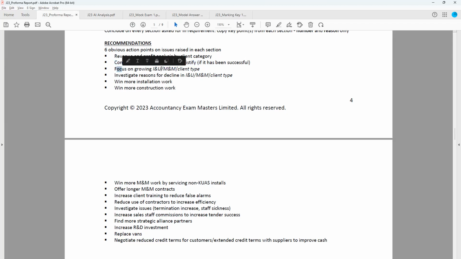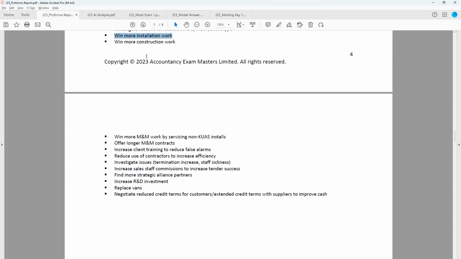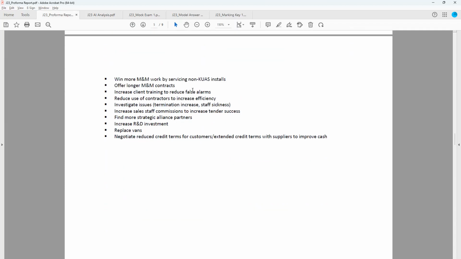Similarly, you could focus on growing a particular activity, but focus on the one which is performing well. Or if one of them's declined, investigate the reasons why. So if installation is doing well, win more installation work. If construction is still doing well, win more construction work. It could offer longer M&M contracts or servicing non-KUAS installs. But, of course, that depends on what's happened in the year.